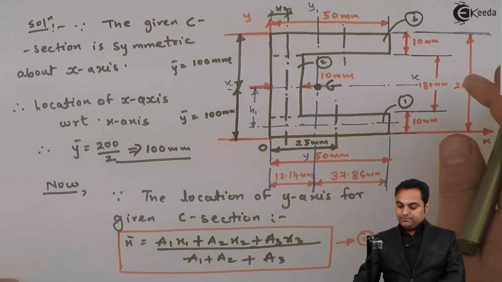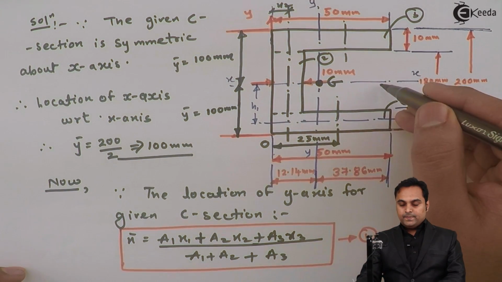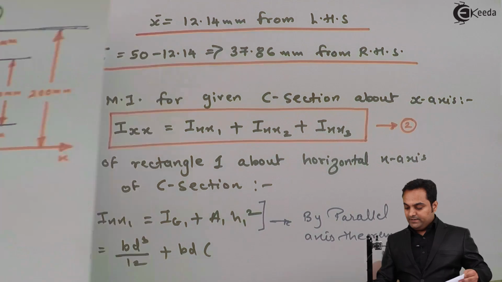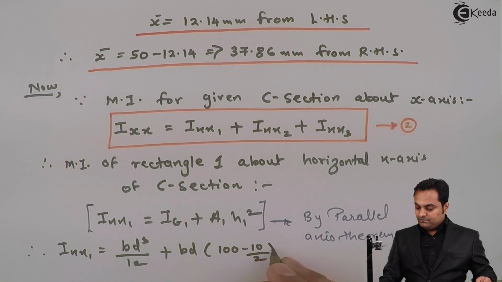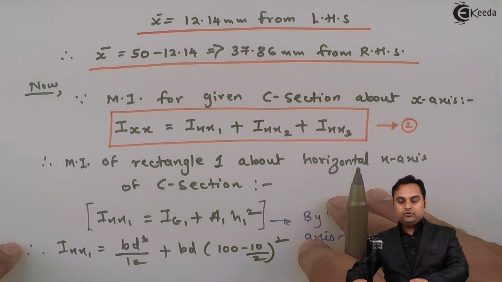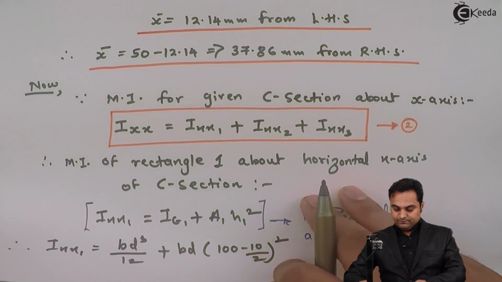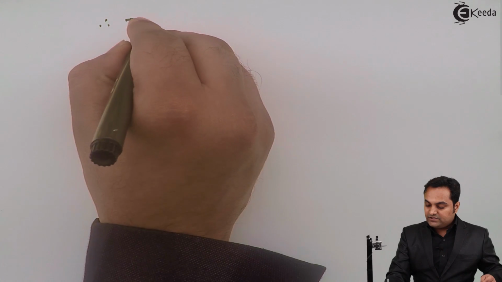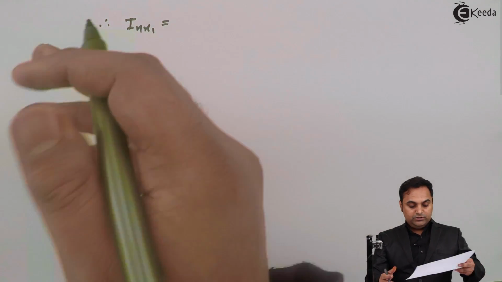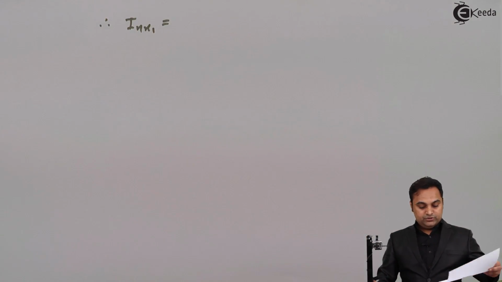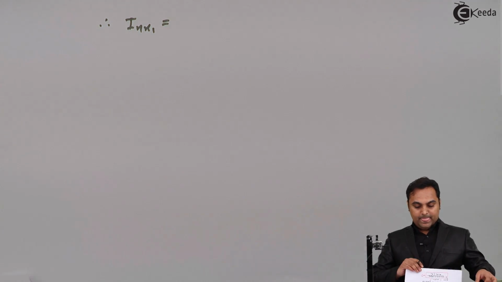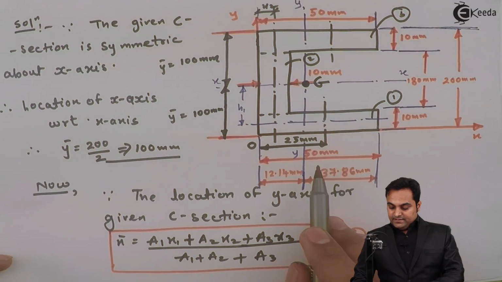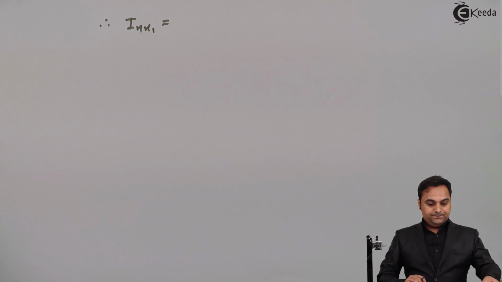H1 is the distance between the two axes, so it is 100 minus half of 10. So here I will go on putting the values. Ix1 will be equal to, for rectangle number 1, B is 50 and D is 10.